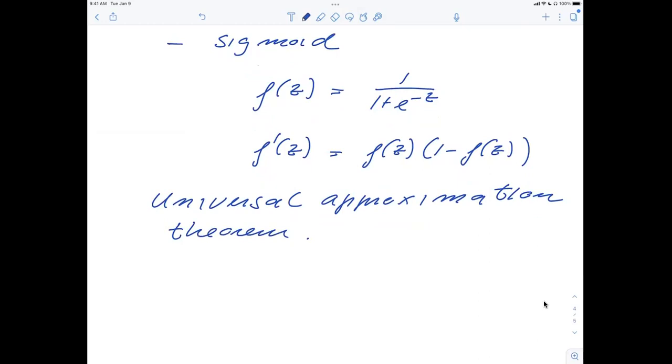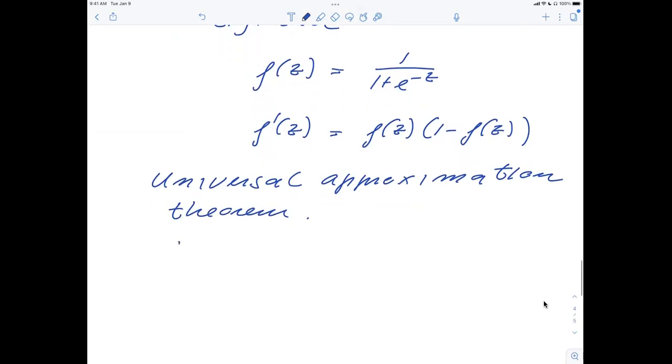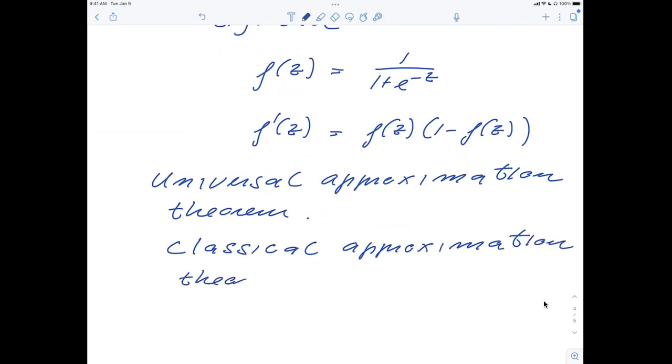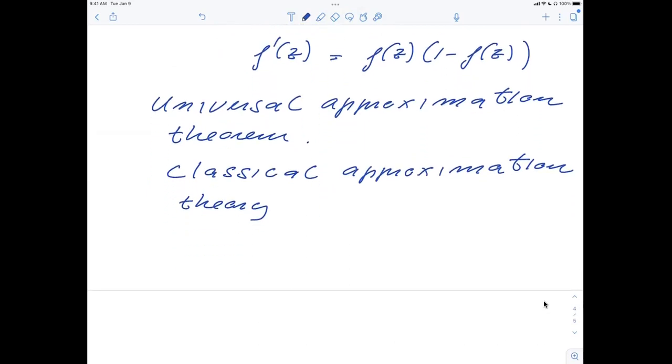So if you think of classical approximation theory, one of the examples which we looked at in project 1 was to approximate the function with a polynomial. In classical approximation theory, what we typically have is a function which is going to approximate our data.